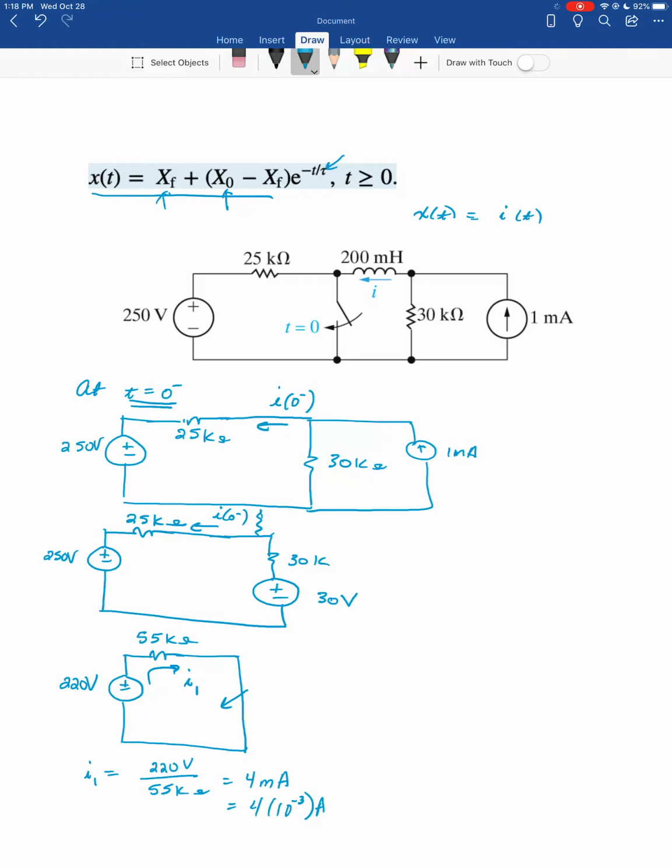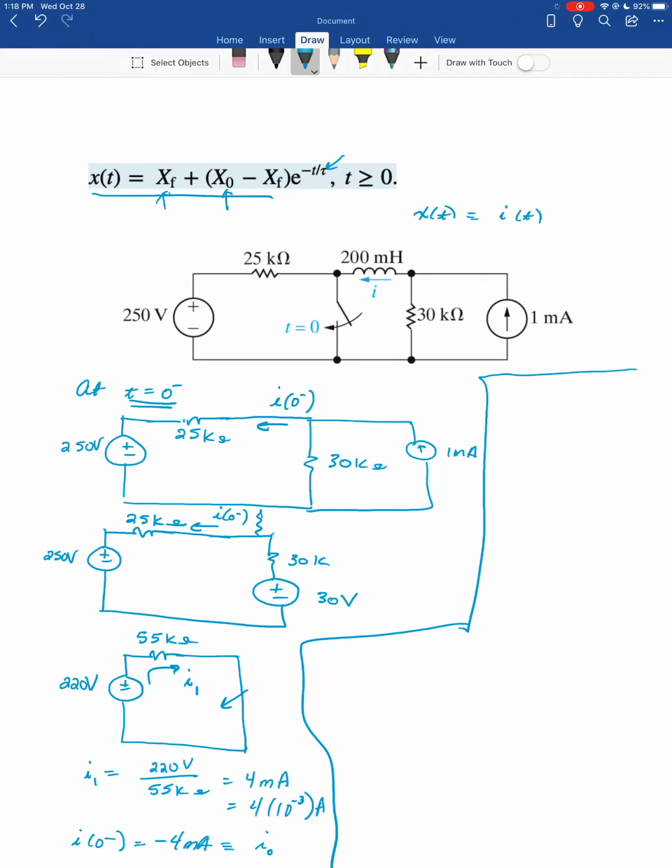Now notice that the current I solved for is in the opposite direction from what I is defined in the problem. So I of 0 minus will equal minus 4 milliamps because it was defined in the opposite direction. So that's going to be my I naught.